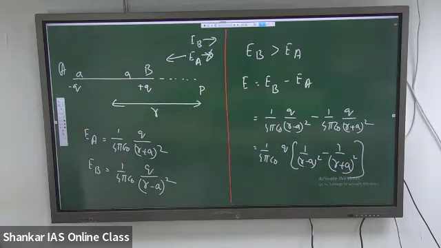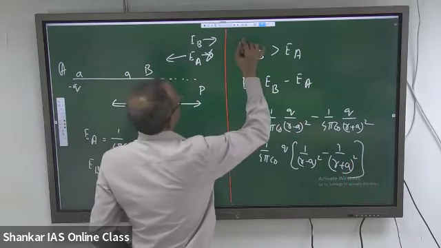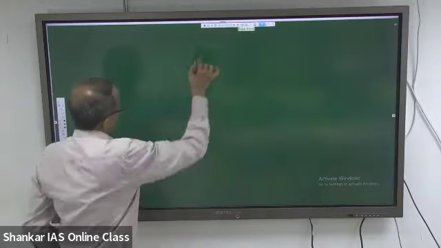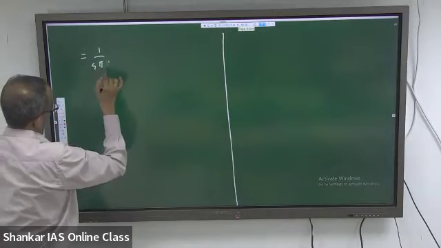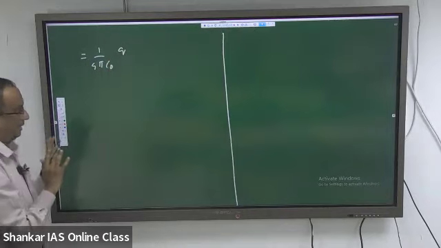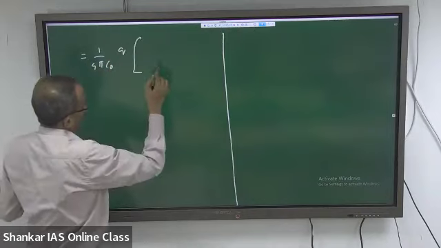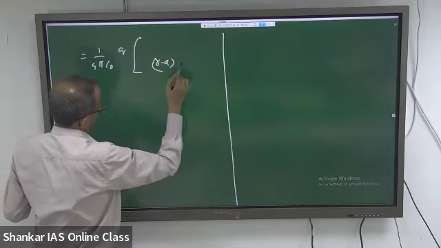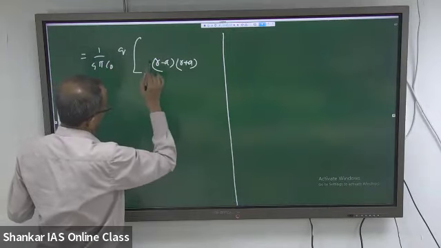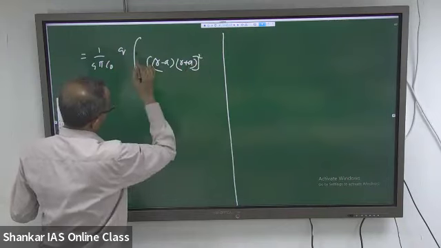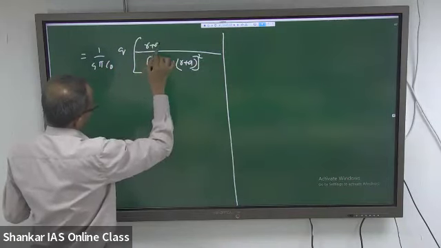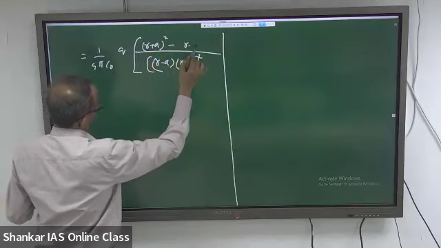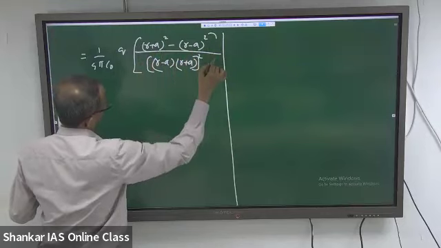Now, 1 by 4 pi epsilon naught Q is already taken out. Taking the common denominator, we get R plus A the whole squared minus R minus A the whole squared, upon R minus A into R plus A the whole squared.